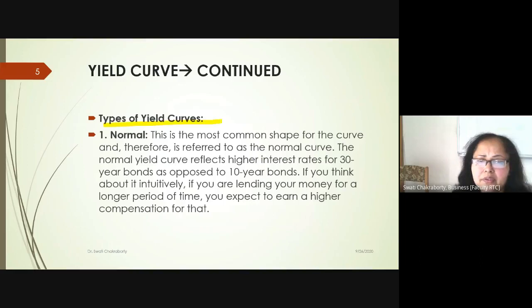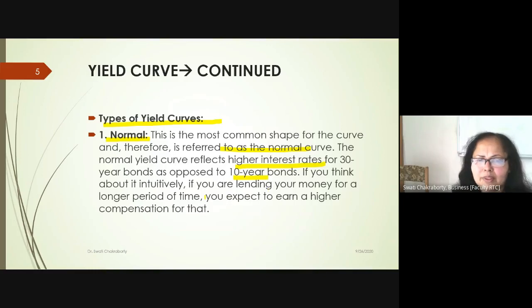So, types of yield curves. First is the normal curve, which is the most common shape of the yield curve, hence it is referred to as the normal curve. A normal yield curve reflects a higher interest rate for 30-year bonds as opposed to 10-year bonds. So long-term bonds give higher interest compared to short-term bonds.